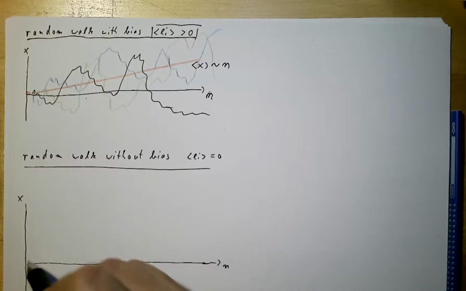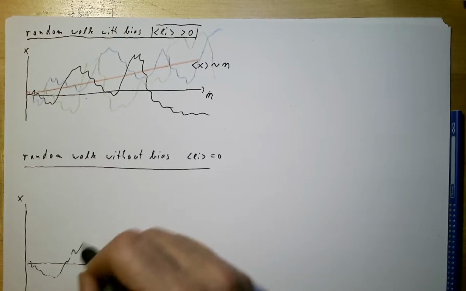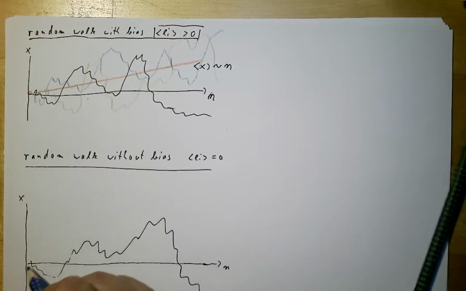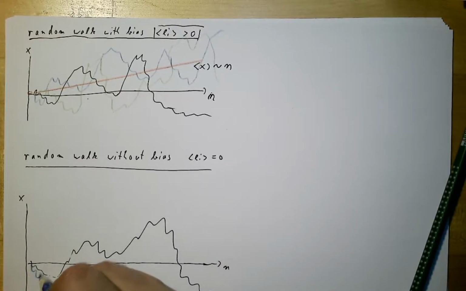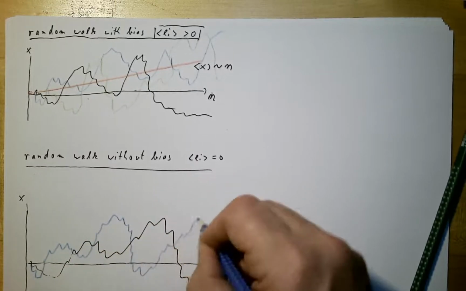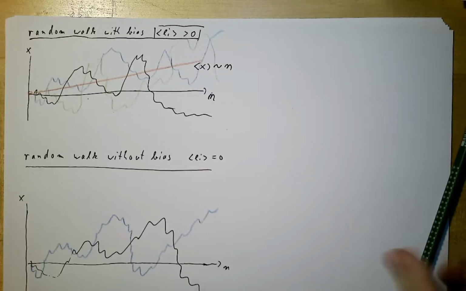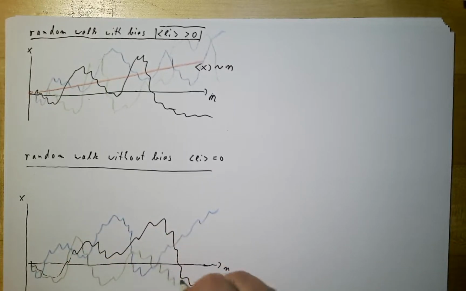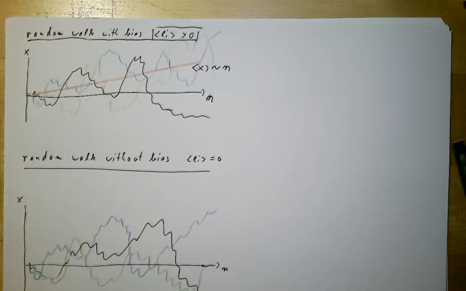And now we can have again our realizations. In this case, the realizations are still scattered around, but now the expectation will stay 0.